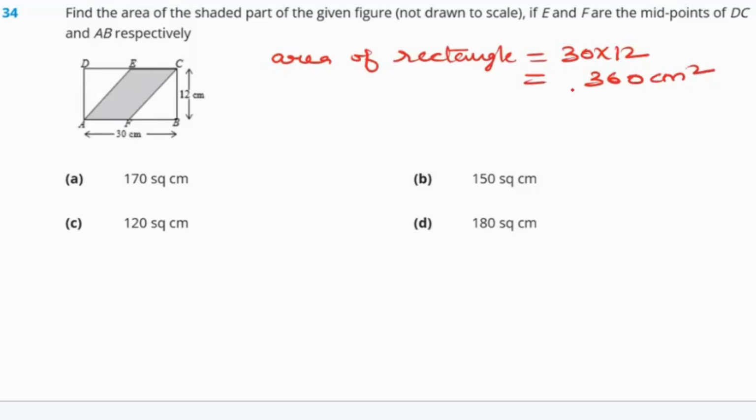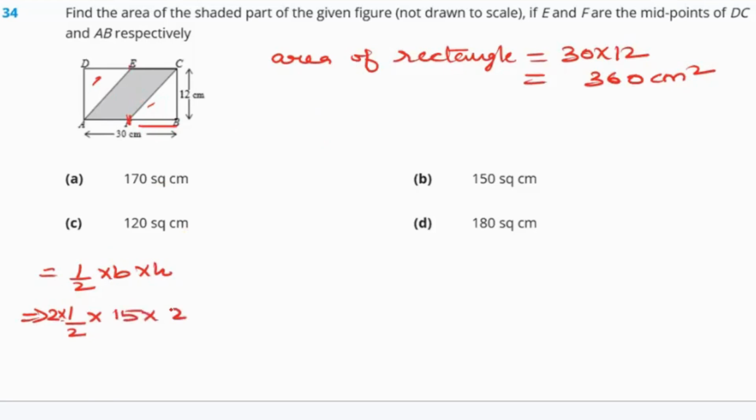Correct. And if we are talking about the area of, okay, we can see two triangles are here. So area of triangle will be what? Half into base into height. Since two triangles are there, so that has to be 2 times half into base will be what? Base has to be, okay, since they are the midpoint, so they are in equal division, 15.